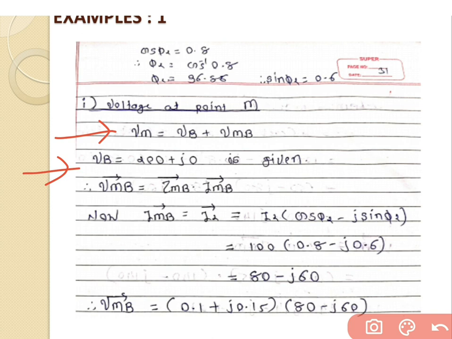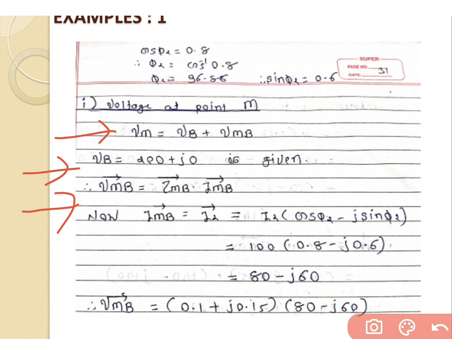To find Vm, we require the value of Vmb. So firstly, try to find Vmb. Vmb is equal to ZMB into Imb, where Imb is the current flowing through the MB section, and that is equal to I2.